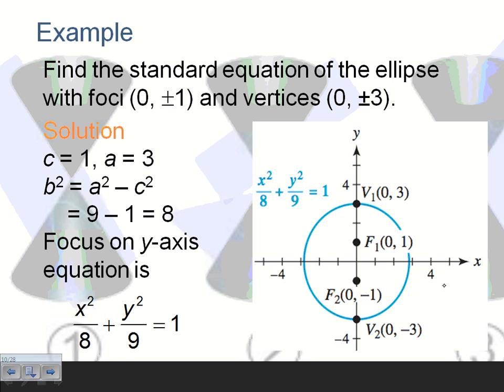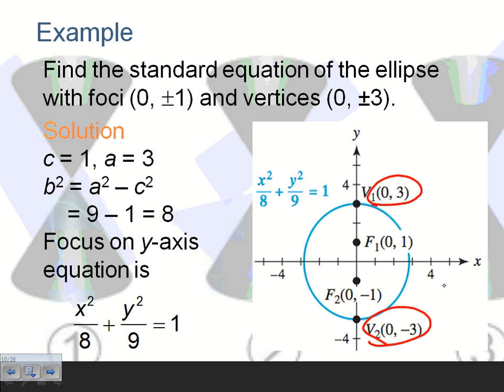So I know that my vertices are at plus or minus 3, so I know that this is going to be my major axis.